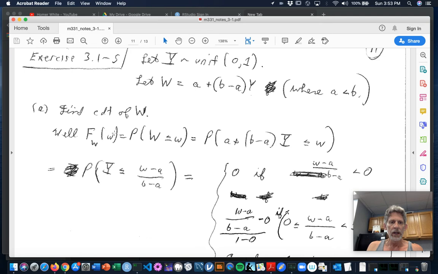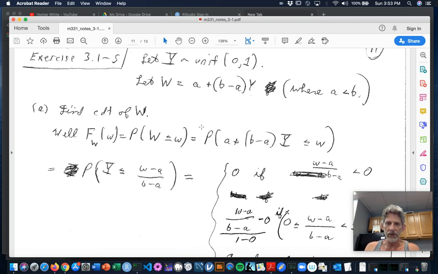So I'm looking for the probability that capital W is less than or equal to little w. This is a really good thing to do. You've got a new random variable that's a function of an old one. You want to find out about the new one? Use your knowledge of the old one, particularly through finding the cumulative distribution function.